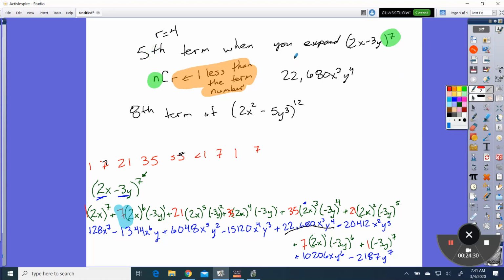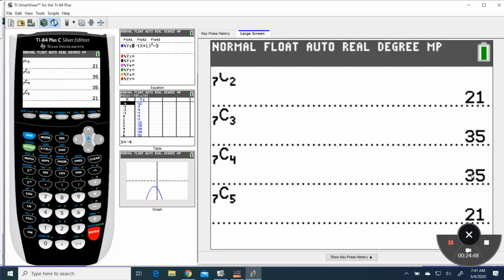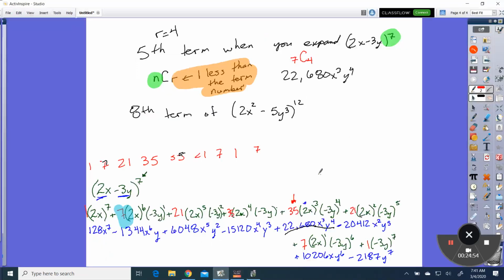So to find this number, I would go 7C4. That's the nCr, and that's going to generate that 35 right there. If we look at our calculator, 7C4 was the 35. So that generates the 35 that we have on that number. Now look at the power on the y, on the second term. That's a 4, right? That's always going to be the same as this r value.